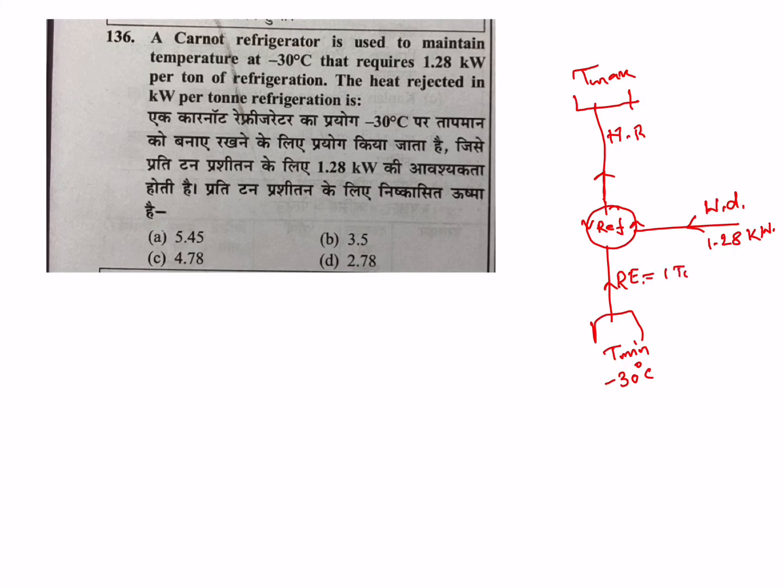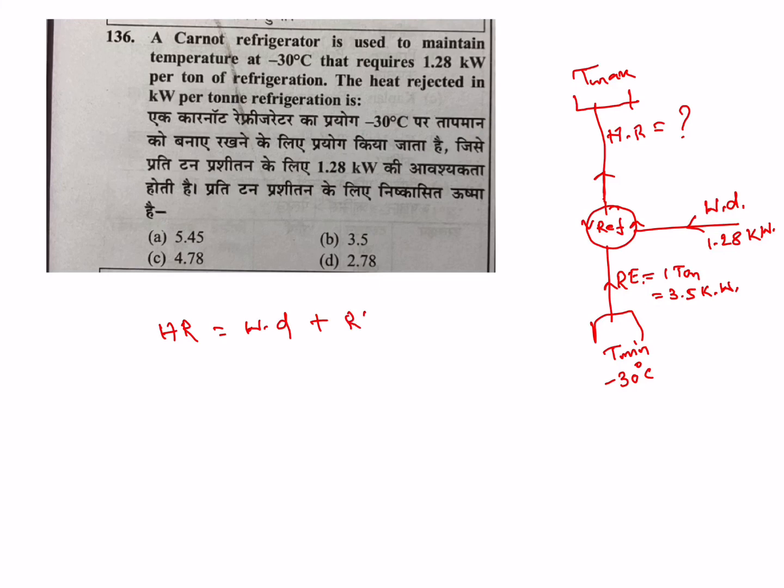3.5 kilowatt. The heat rejected in kilowatt per ton of refrigeration is how much? So heat rejected value we have to calculate. Heat rejected is equal to work done plus refrigerating effect or desired effect.